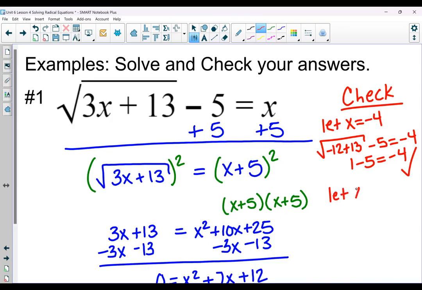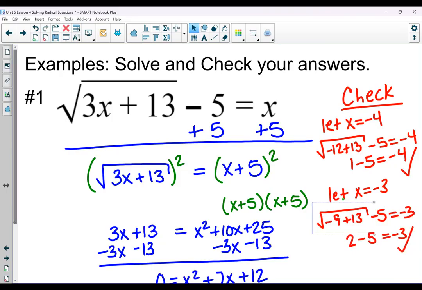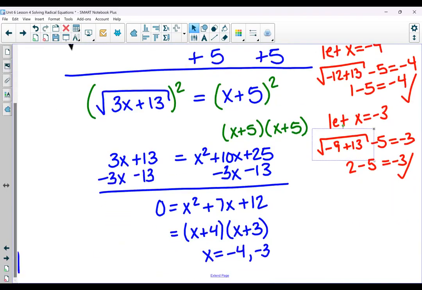You do have to check all of the answers you come up with, so here's my check for x equals -3. Again, written down because we cannot read your minds. So both of our solutions do work in this problem, and we can comfortably say the solutions are -4 and -3. You will not get full credit if you do not show a written check.